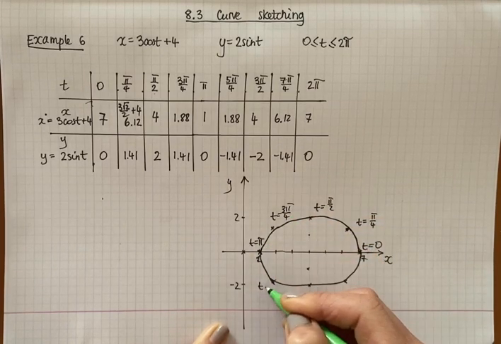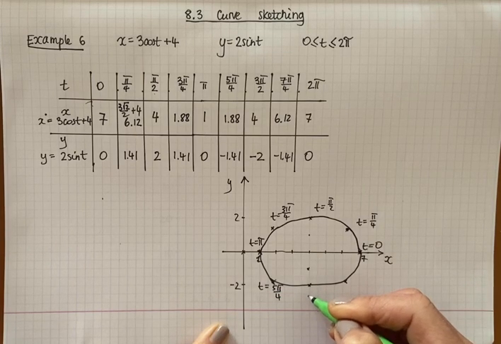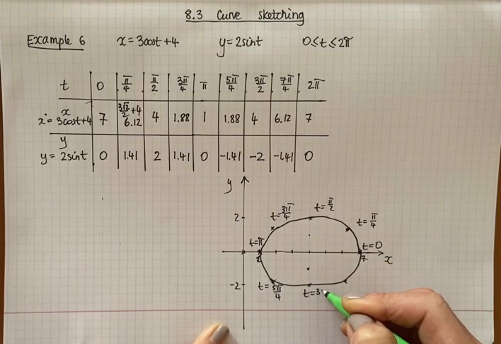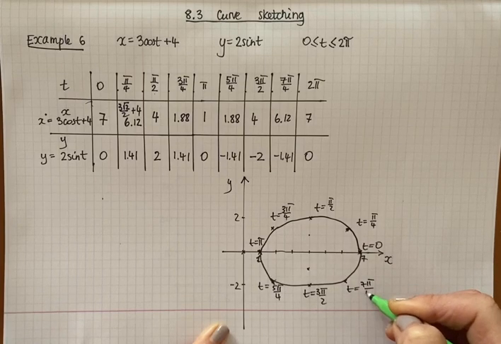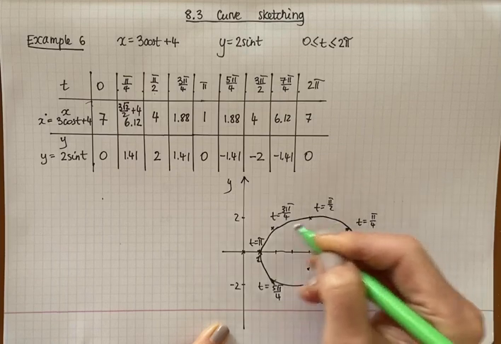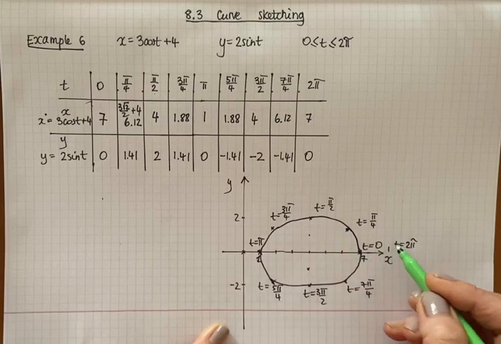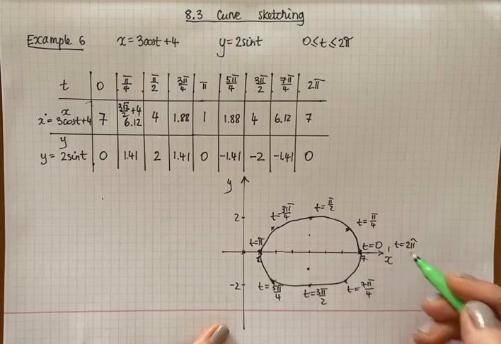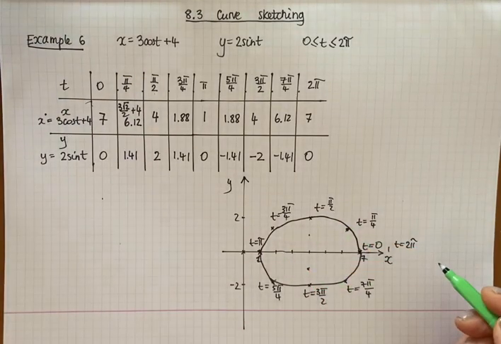You don't need to put all those points, but just to give you an idea that as your t increases, you are traveling in an anti-clockwise direction along the curve in a continuous fashion. And this one is the same as t is equal to 2 pi. As t goes up and up, it's like a trigonometric function, you will repeatedly meet the points.